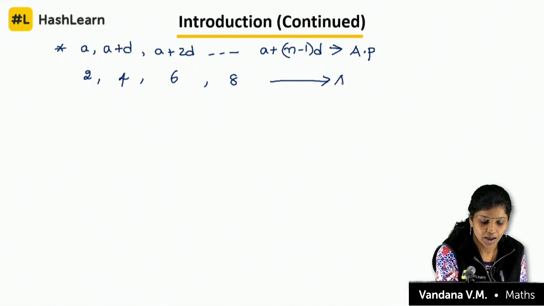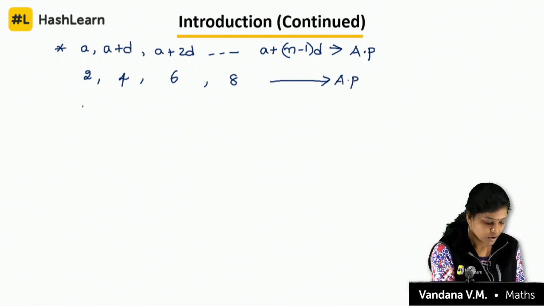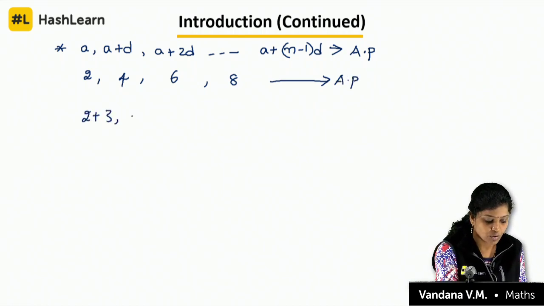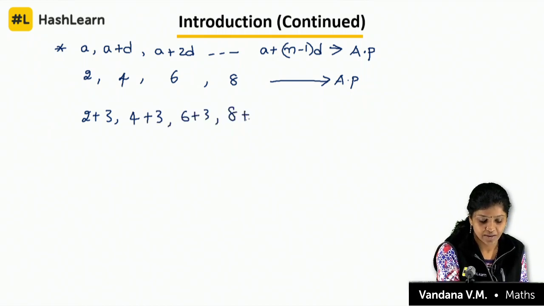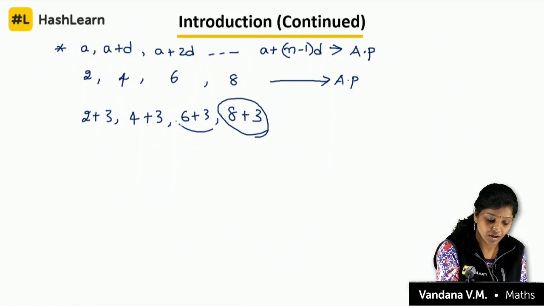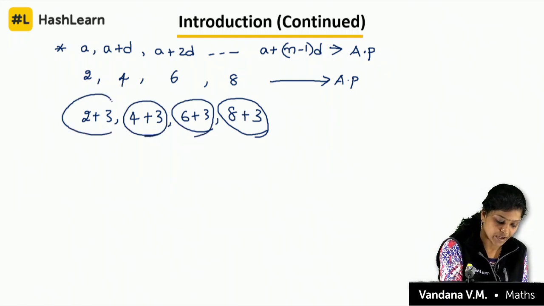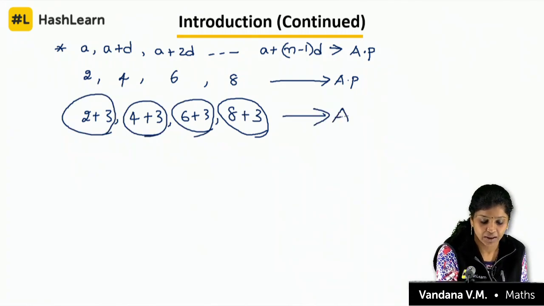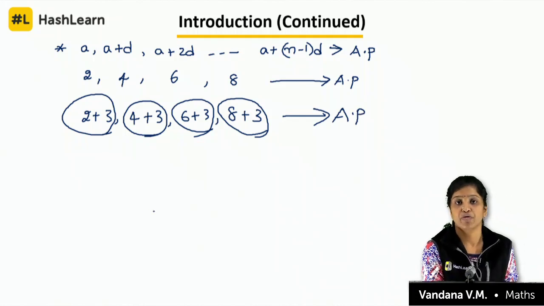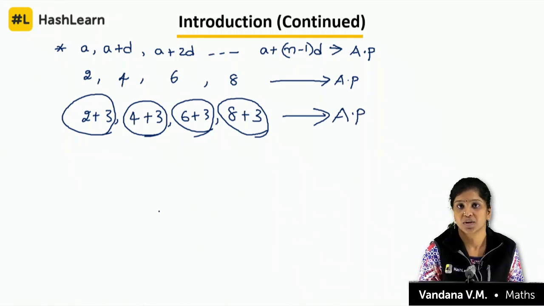This is in what? Arithmetic progression. If you add 3 to all the terms, 6 plus 3, 8 plus 3, the resulting sequence obviously will also be in arithmetic progression.